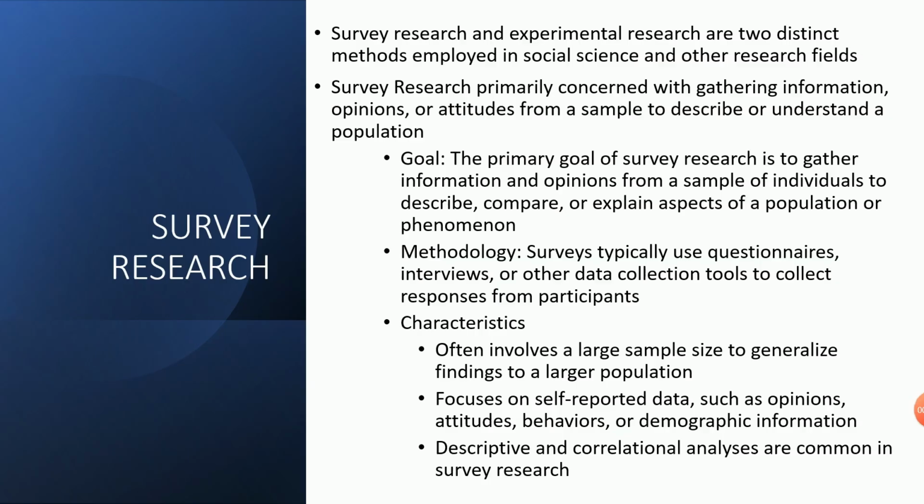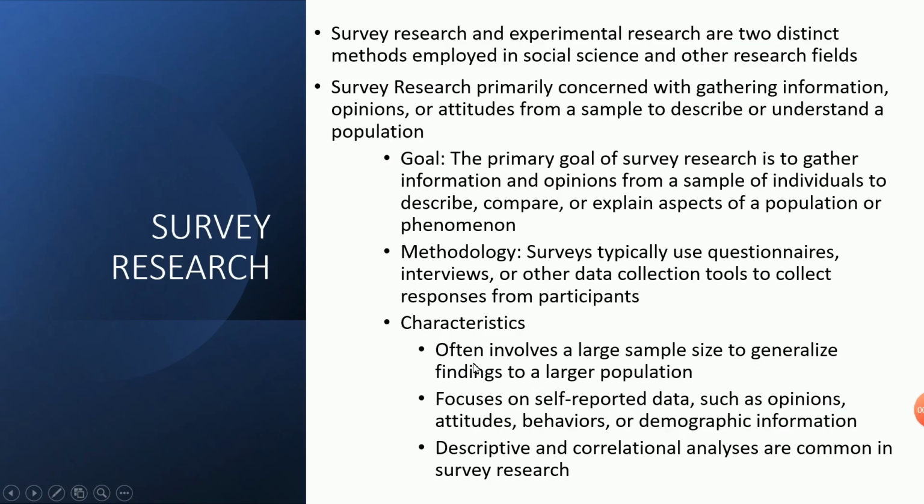Now, survey research. Survey research and experimental research are two distinct methods employed in social science and other research fields. The goal of survey research is to gather information and opinions from a sample of individuals to describe, compare or explain aspects of a population or phenomenon. They commonly use questionnaires, interviews or other data collection tools to collect responses from participants.